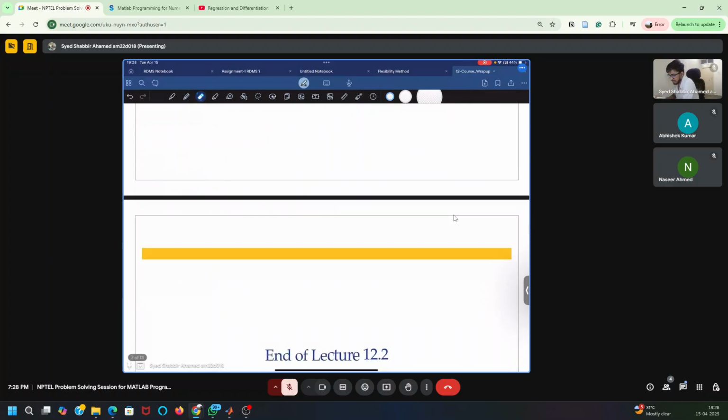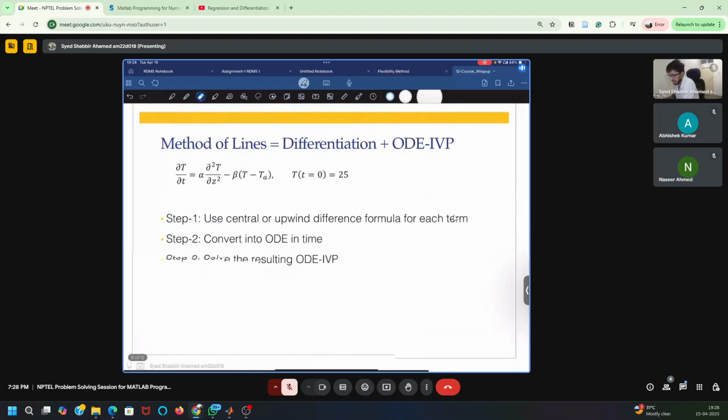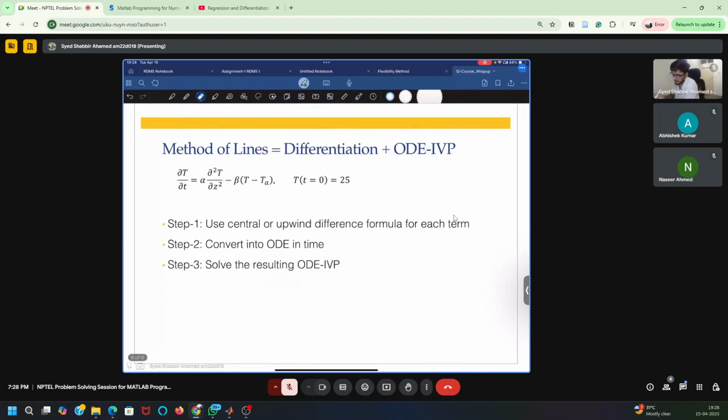The same thing: we convert the second order derivative in space using the central difference formula, and we get some n number of ordinary differential equations, an initial value problem, and then we solve it.